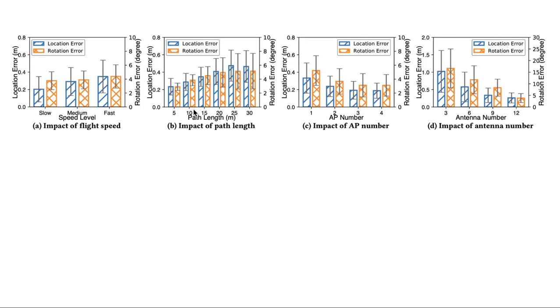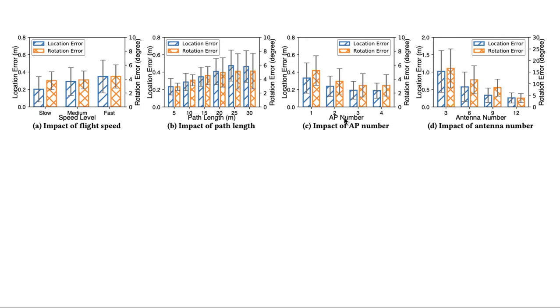For path, they change the length from 5 to 30 meters, and the average location error is less than 0.5 meters, and the rotation error is around 5 degrees.